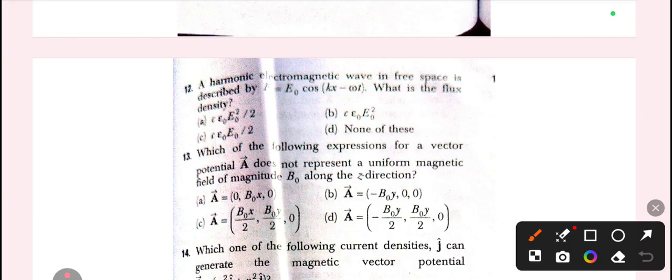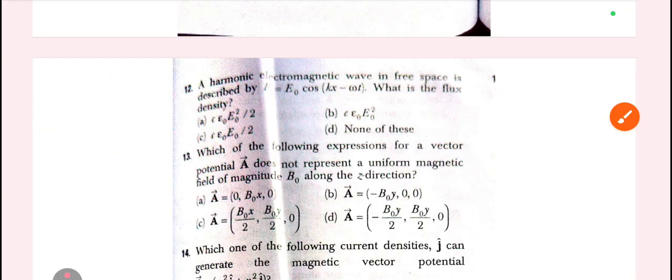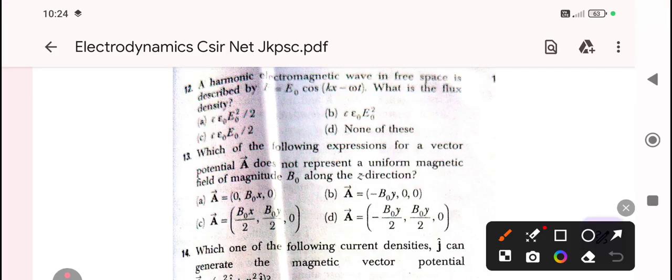The relation for the flux density is epsilon into C epsilon into E naught square divided by E. Hence, no correct option is given, none of the above.